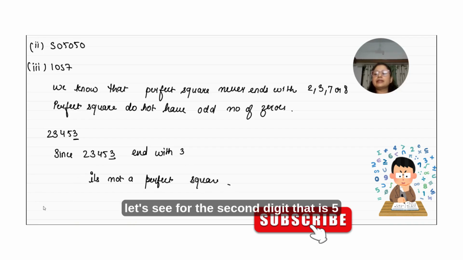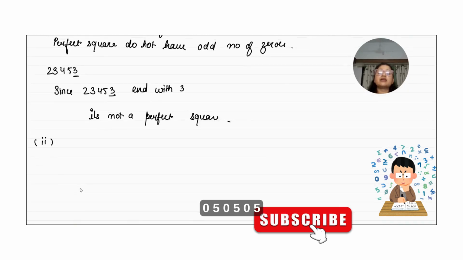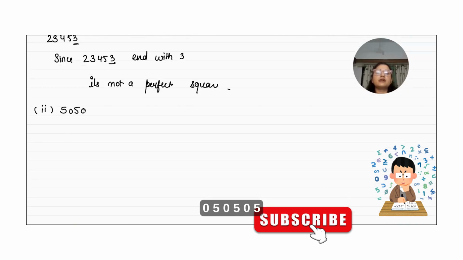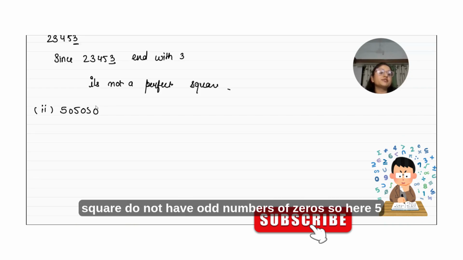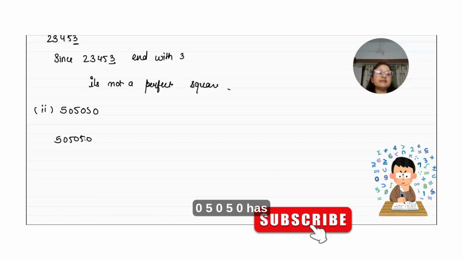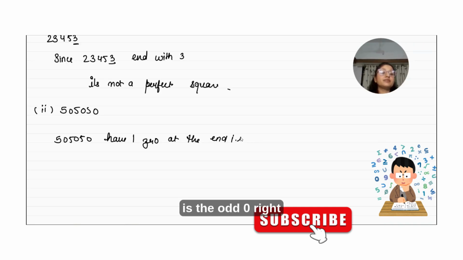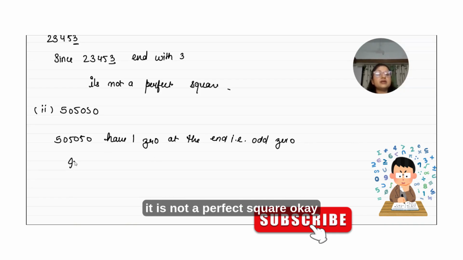Let's see the second number, 505050. We have also written that perfect squares do not have an odd number of zeros. Here 505050 has one zero at the end, that is an odd number of zeros. Therefore, it is not a perfect square.